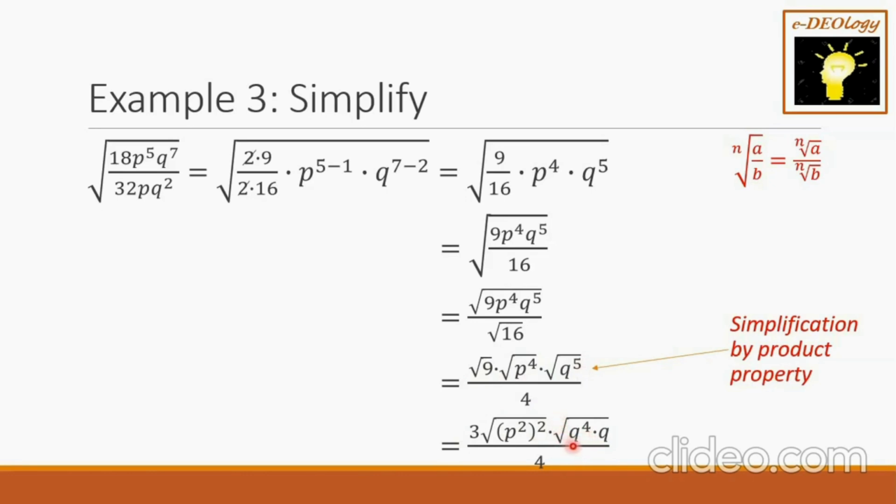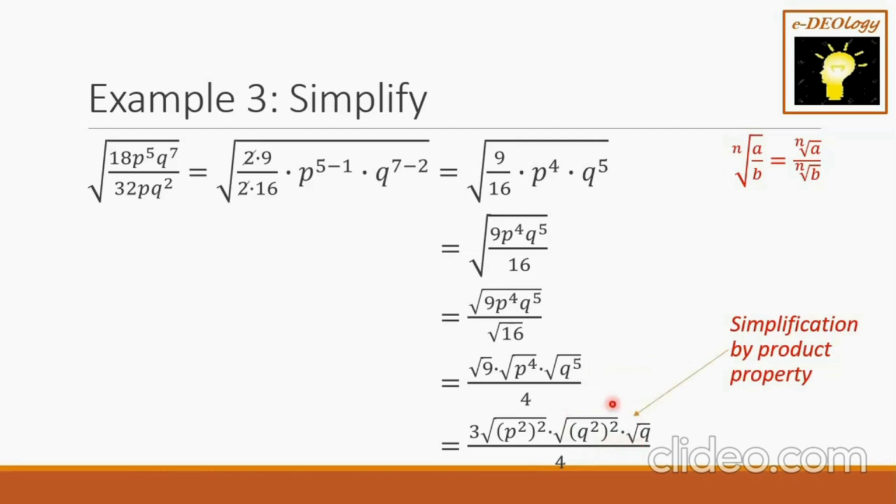We're going to put one factor with the exponent that is the highest multiple of the index. So this is q raised to 4 times q. The next is that q raised to 4 we're going to represent by q squared and then squared. And then this times q, just copy.